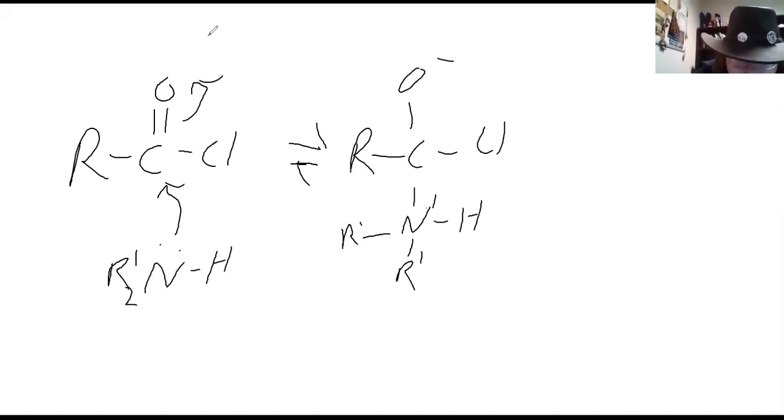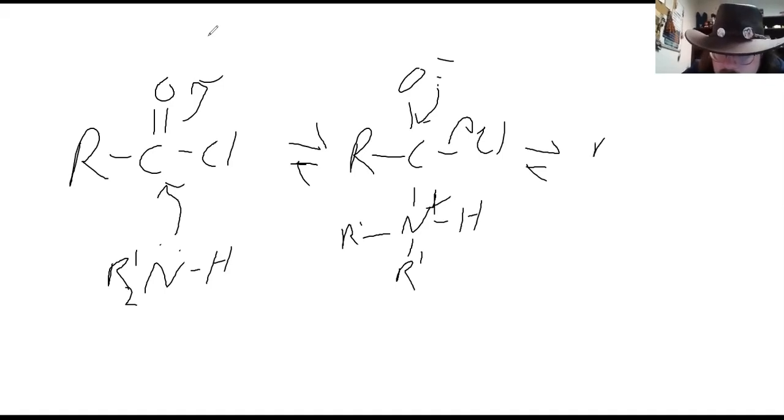So plus on the nitrogen. We have this then swinging down, kicking that guy off. That's the precursor for our amide, we're almost there. H plus, we have our R prime and R prime.